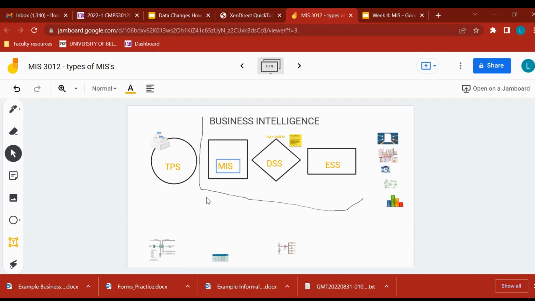So the study of people, technology, etc., that's Management Information Systems with an S at the end. That's the umbrella that these information systems fall under. So the MIS, Management Information System, minus the S at the end, is just a type of information system, which falls under Management Information Systems.